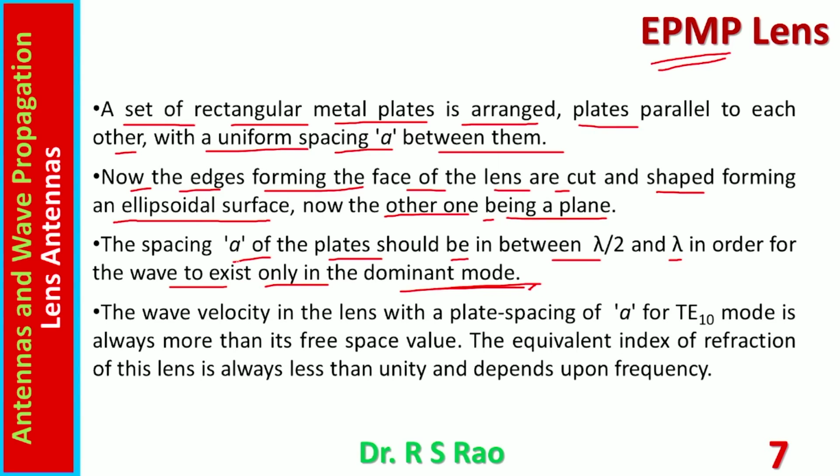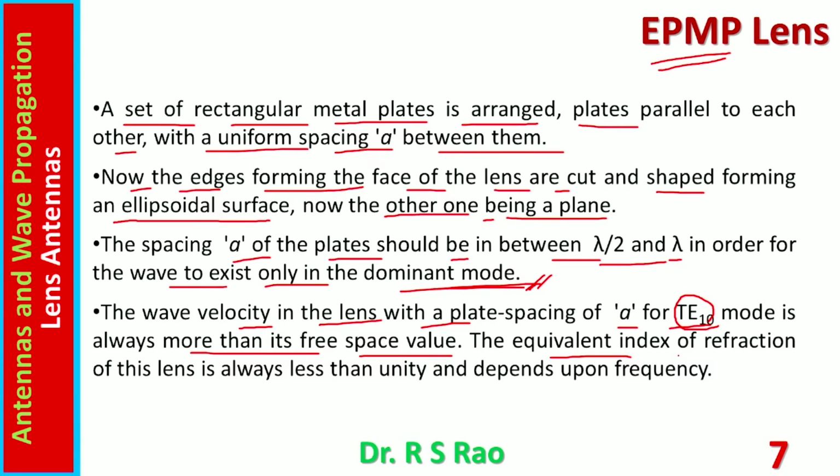The spacing A of plates should lie in between lambda by 2 and lambda in order that the wave propagation is in dominant mode. To restrict the wave propagation to dominant mode, the wave velocity in the lens with the plate spacing of A for TE10 mode, this is the dominant mode, is always more than its free space value.